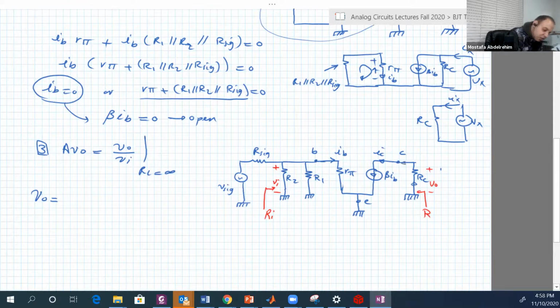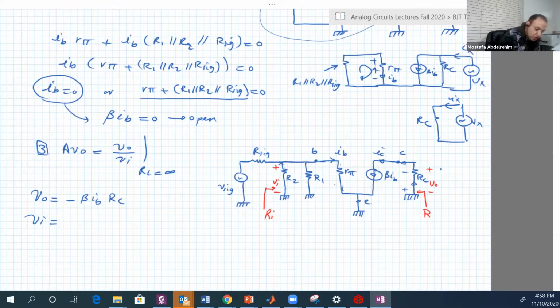So this current will flow this way, but it will make a voltage drop opposite to VO. So VO is equal to minus beta IB RC. How about V input? V input between these two terminals is the voltage of R2 or R1 or R-pi, because all three resistances are in parallel.